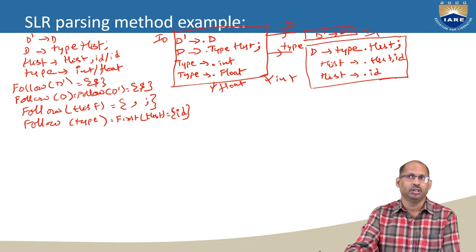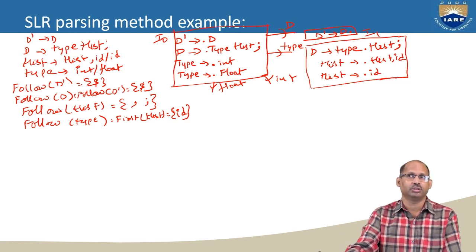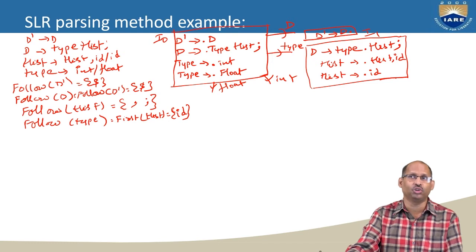List gives dot list comma id. So list dot list, we have added the list productions. Dot id, so simply dot followed by terminal symbol. The adding of productions to the I1 group is completed.